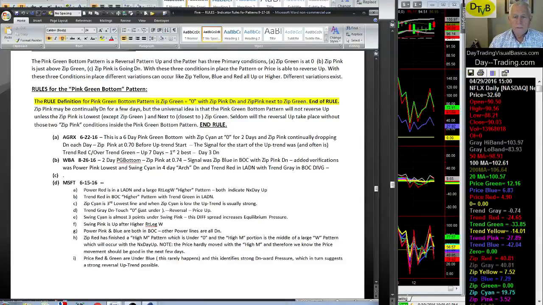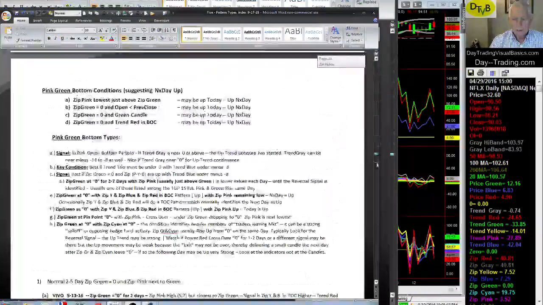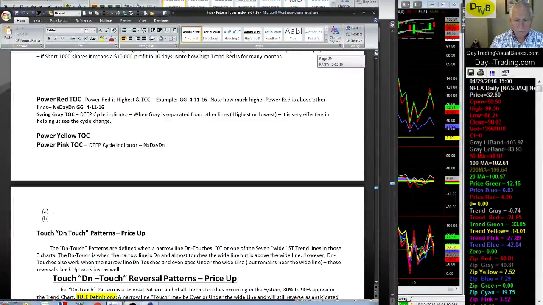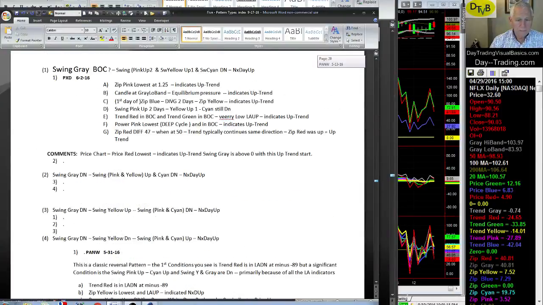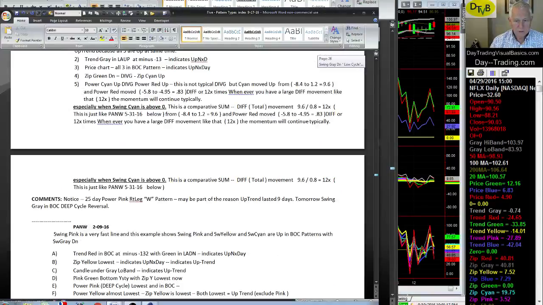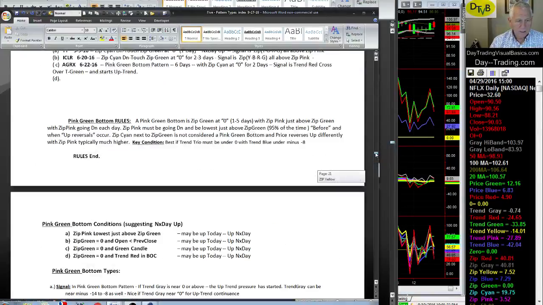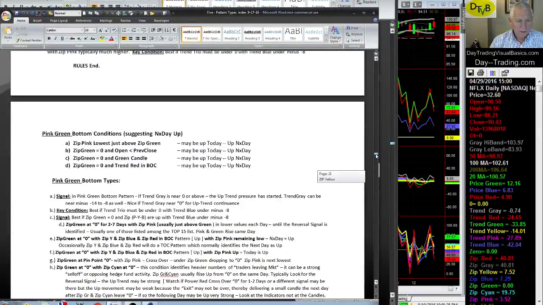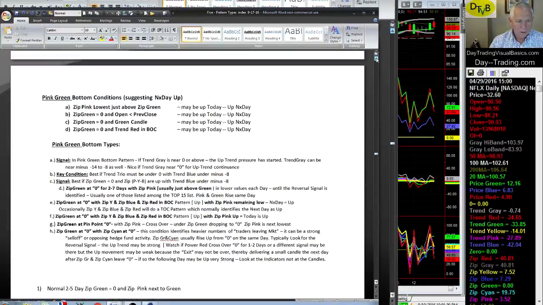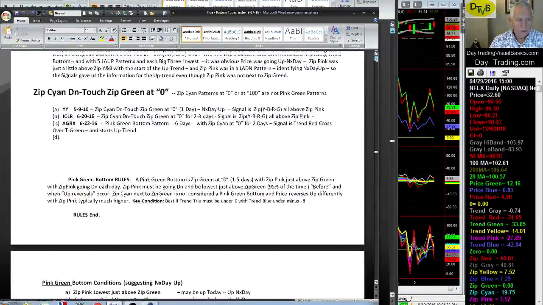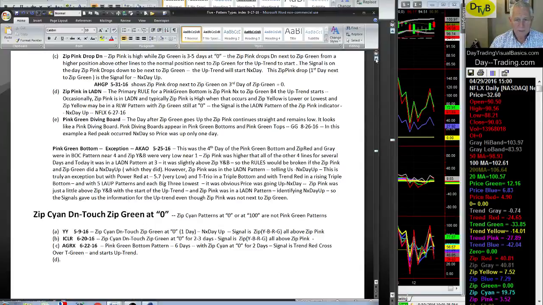The pattern types, again, I'm going to run down here to the pink-green bottom. If I can find it, went too far. There we go, the pink-green bottom.